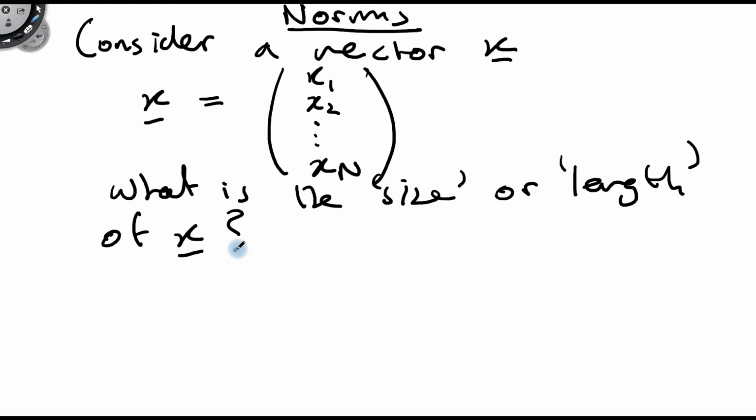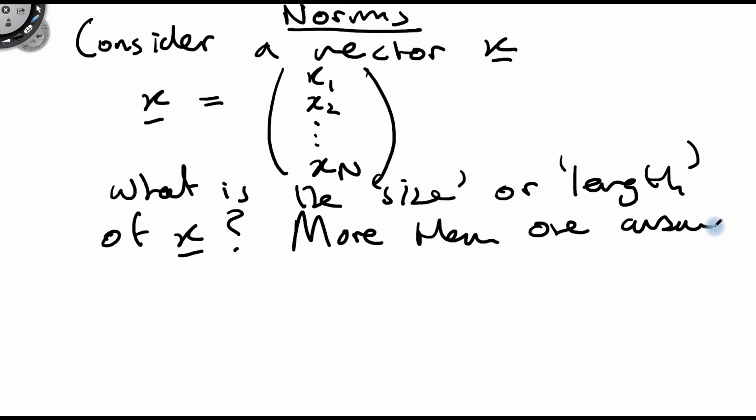And it turns out there's more than one answer to this. In the lecture notes, I give 3 types. In the videos here, I'm just going to go through 2, the 2 key ones for moving further on.